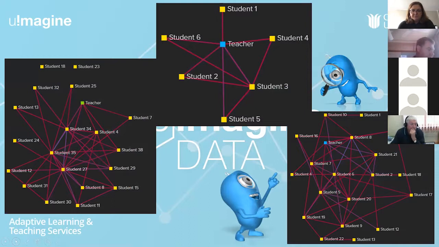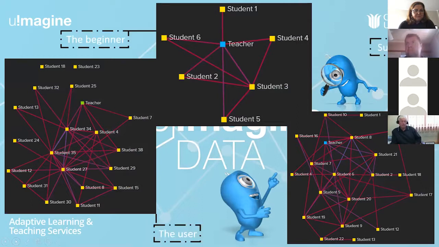And I'm using this as conversation starters with those subject coordinators so it can inform their future subject design. So in this example, these are 3 different subjects where we have a subject coordinator who's a beginner, a user, and a super user of forums.